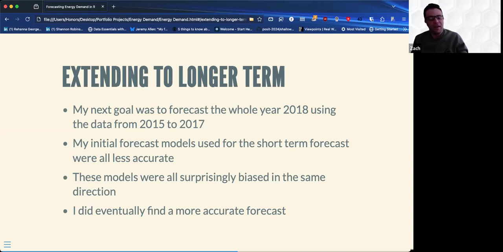And I noticed that all of those forecast models I was using for the short-term window were much less accurate here. And I wasn't too surprised by that because it's just much harder to forecast a much longer time frame.